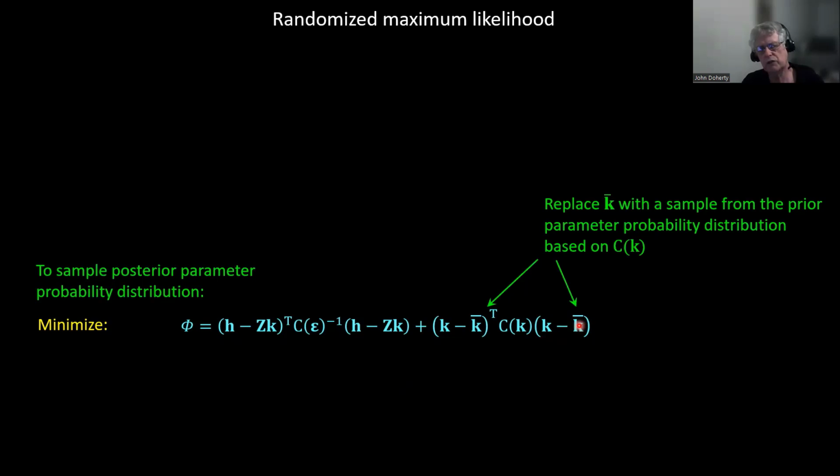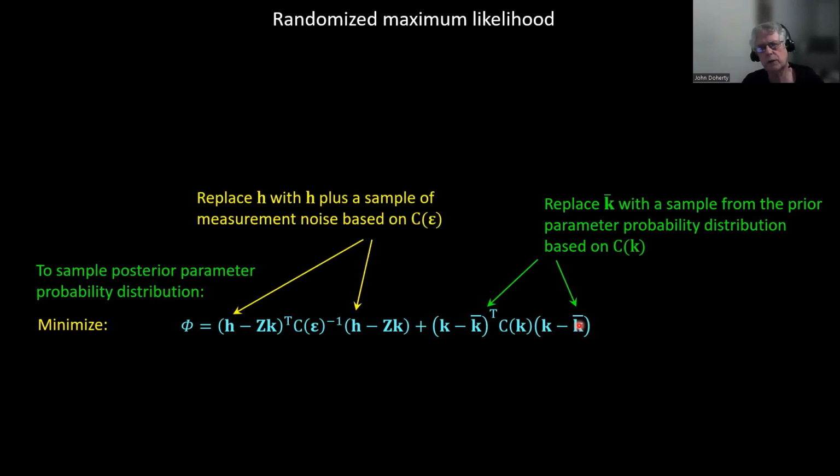I'm going to use a random sample from the prior. So I'm going to look for a parameter field that departs minimally from that random sample of the prior. I'm going to acknowledge the fact that my measurements are contaminated by error, and I'm going to modify my observations by adding a sample of random noise.